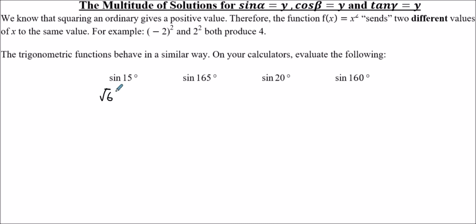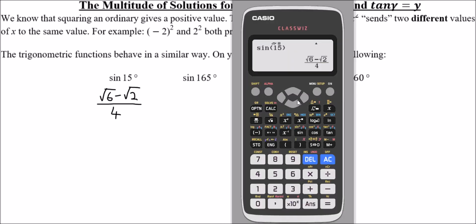So that's root 6 minus root 2 over 4. How about sine 165? If I just go and edit this in and say 165, weirdly that gives exactly the same.